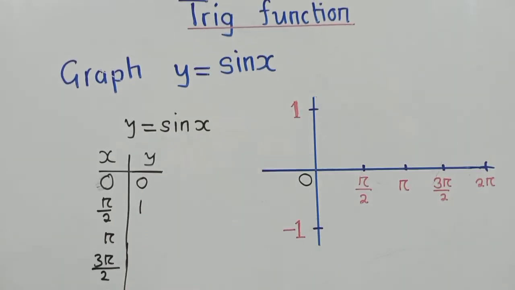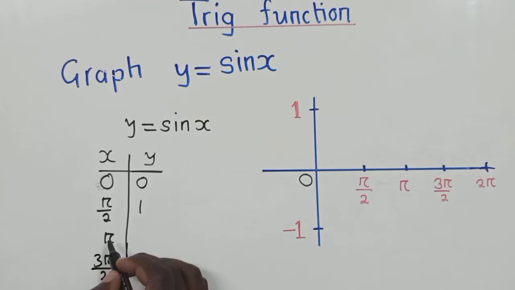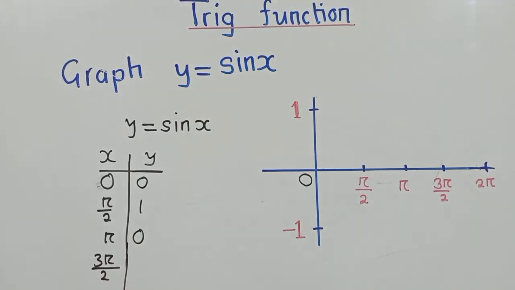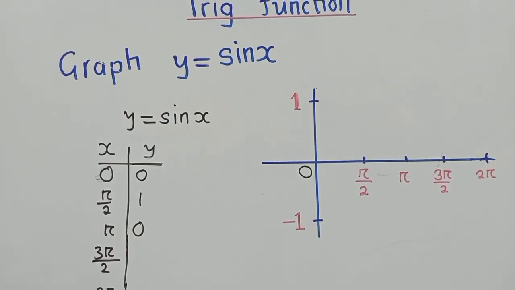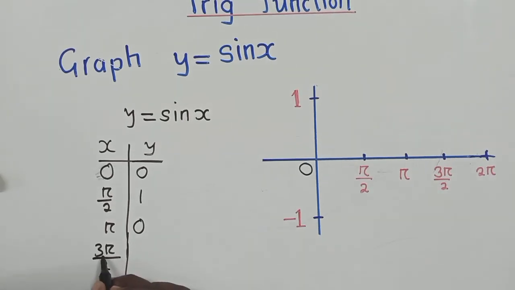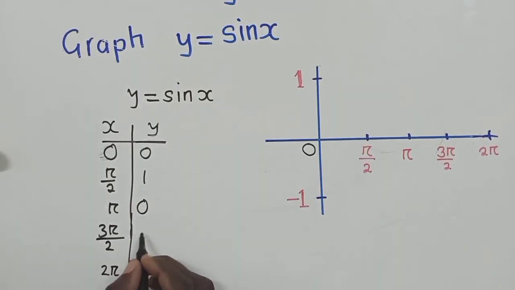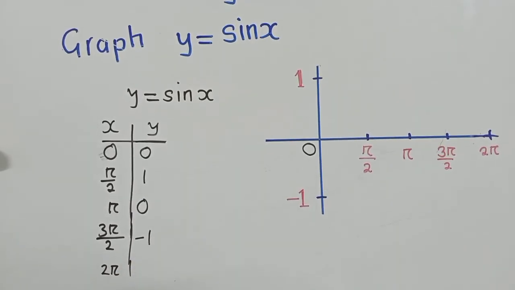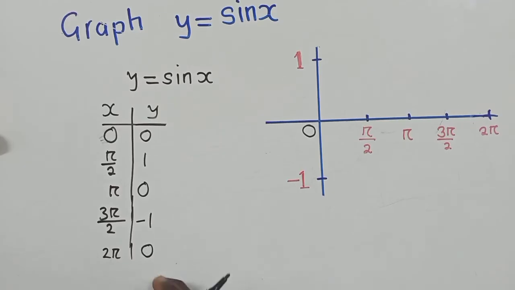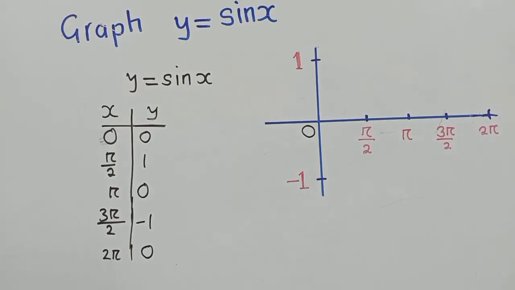When we put pi here, we'll get a 0. When we put 3 pi over 2, we'll get a negative 1. And finally, here we'll get a 0. So this is how it's done, okay?